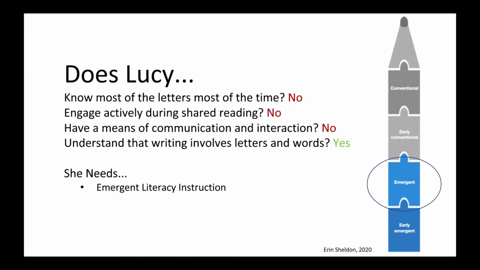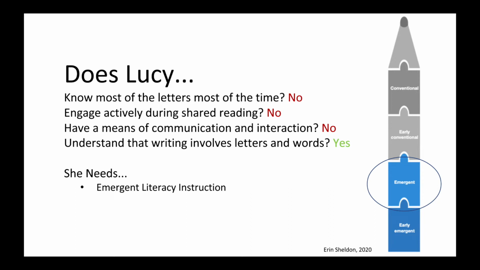Does Lucy understand that writing involves letters and words? Yes, Lucy does understand this. She knows the letter U in her name. She's starting to understand that we can write whatever we say and that text has meaning. So, with the answers to these 4 questions, we can confidently say that Lucy is at an emergent literacy level and that emergent literacy instruction is appropriate for her.